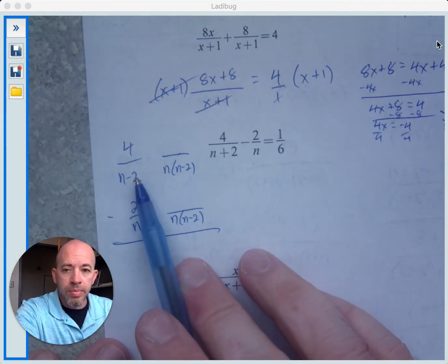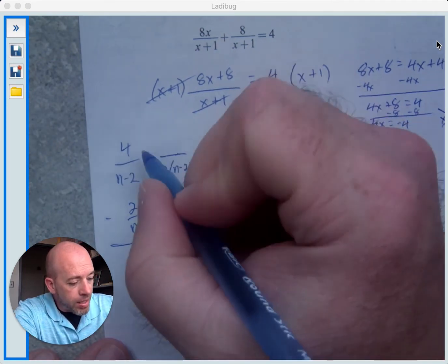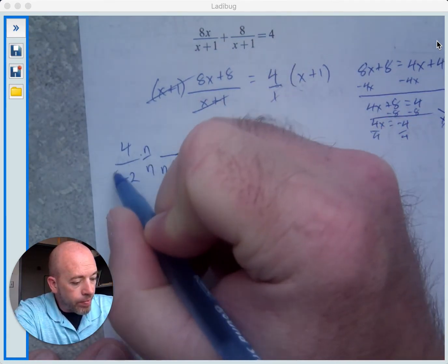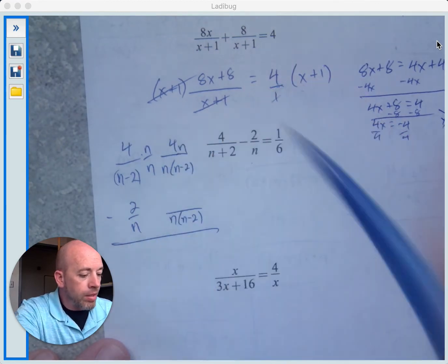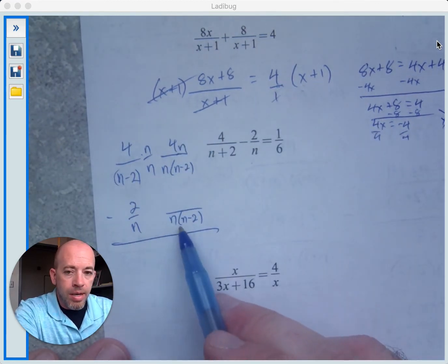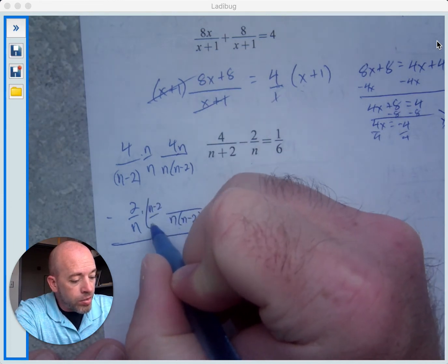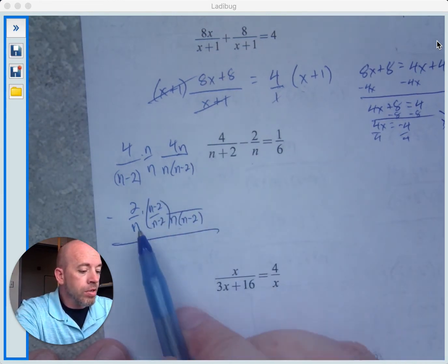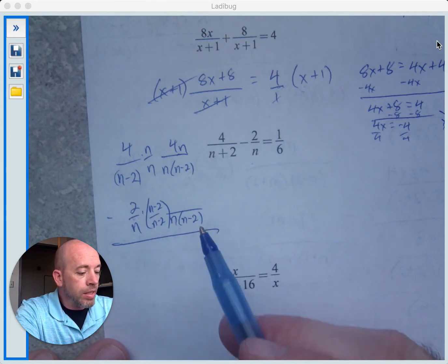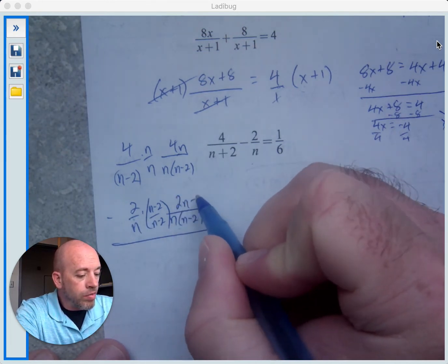In order to get that, we multiply both top and bottom here by n over n, right? And then we get a 4n here. To get this denominator, we need to multiply by n minus 2 over n minus 2. So we distribute the 2, we get a 2n minus 4.